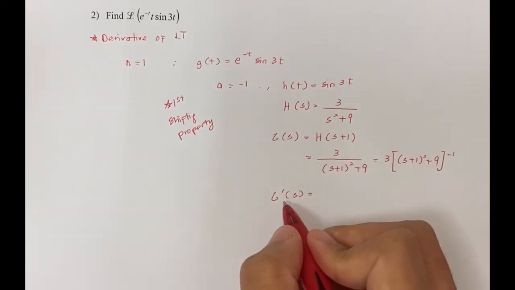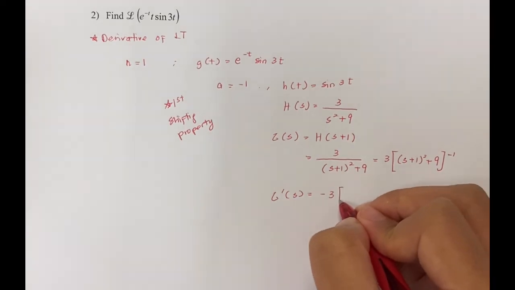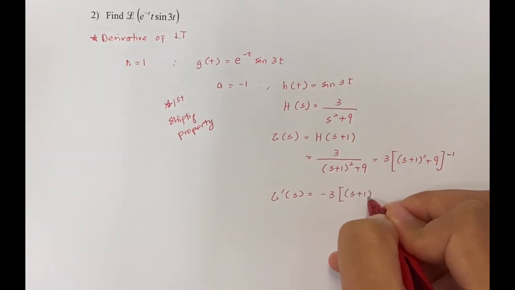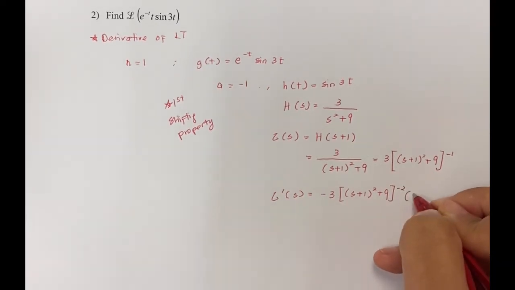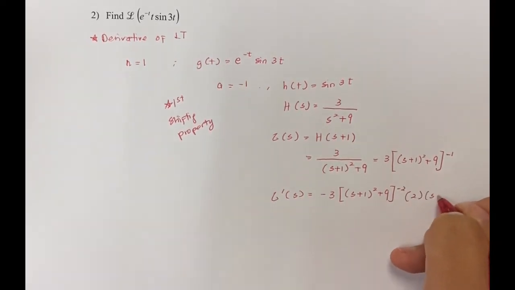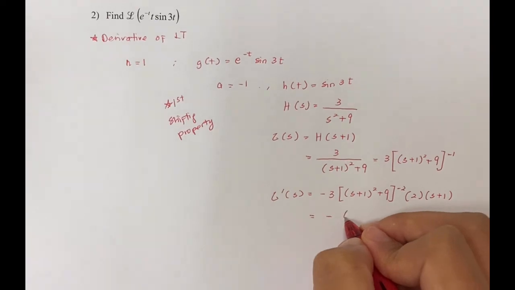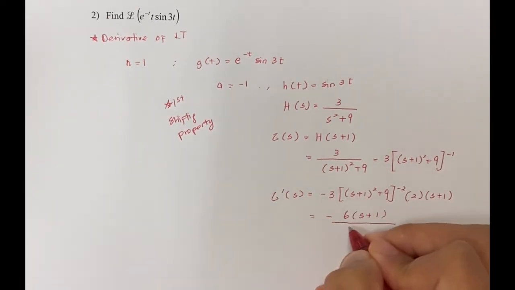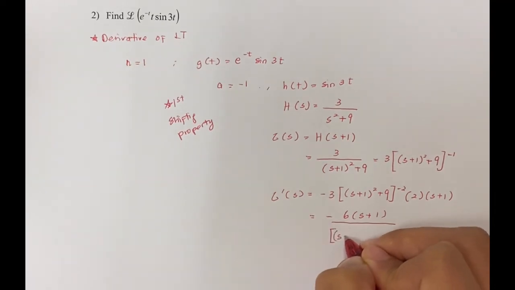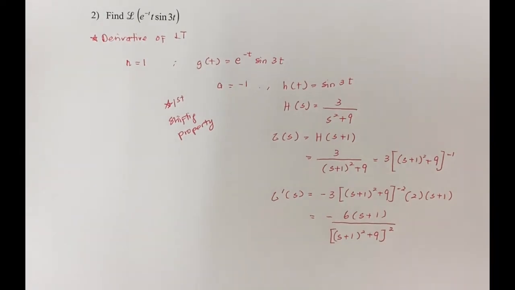Find g prime(s). g prime(s) for this is negative 3 times ((s plus 1) squared plus 9) to the power of negative 2, times 2(s plus 1). And this is equal to negative 6(s plus 1) over ((s plus 1) squared plus 9) squared.